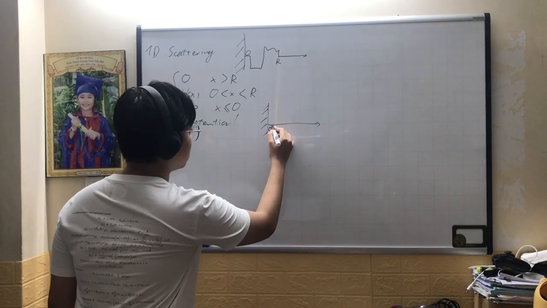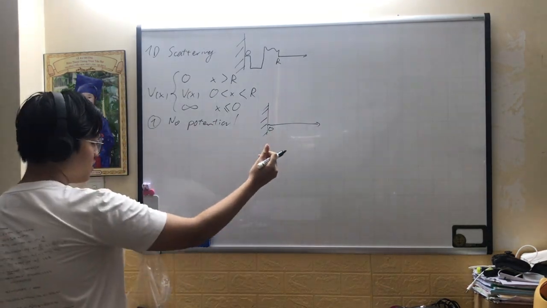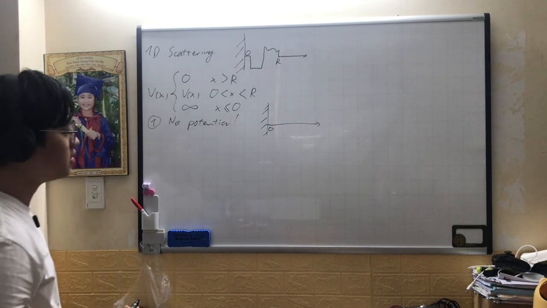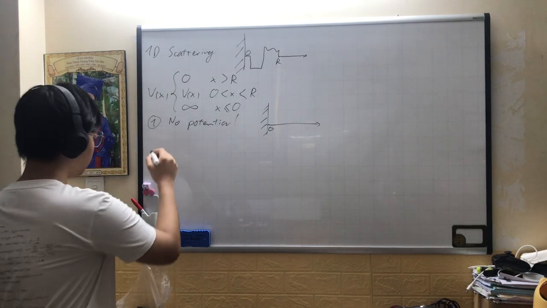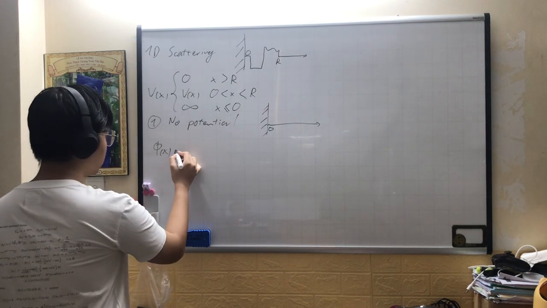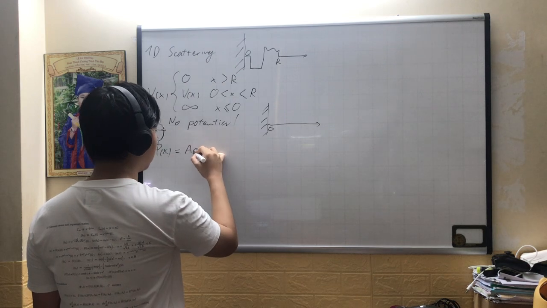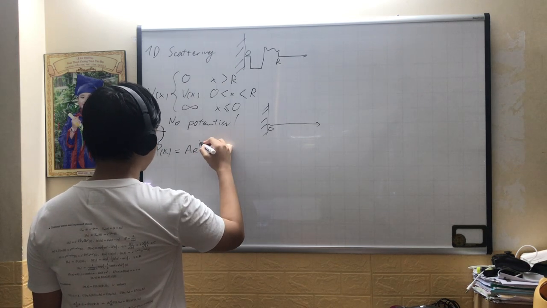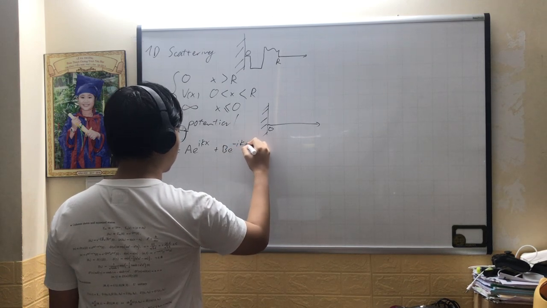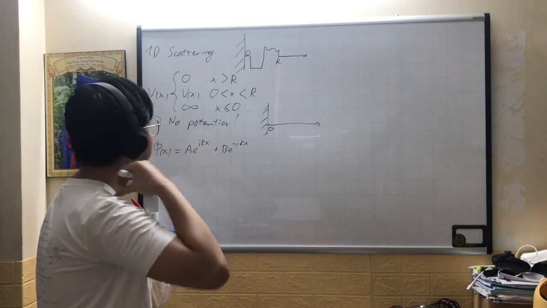This is 0. Remember your solution here for this no potential system, I would write my function as phi of x equals A e^{ikx} plus B e^{-ikx}, by continuity and boundary condition.